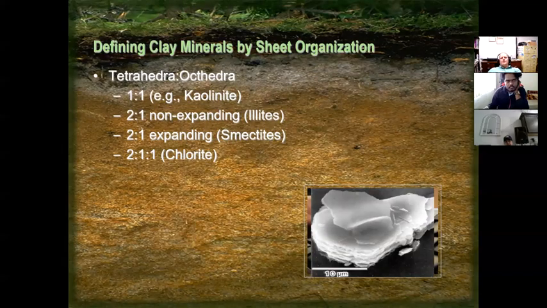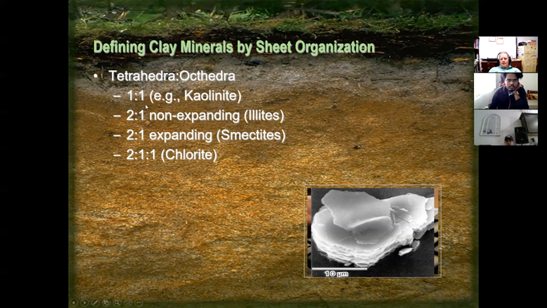Okay, so we talked about at the very beginning, there's different arrangements. When you see something that's described as a 1-to-1 or a 2-to-1, this is always referring to the number of tetrahedral sheets to the number of octahedral sheets.